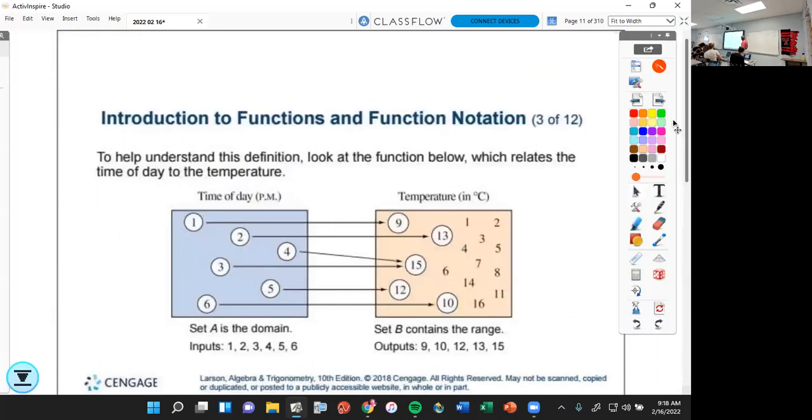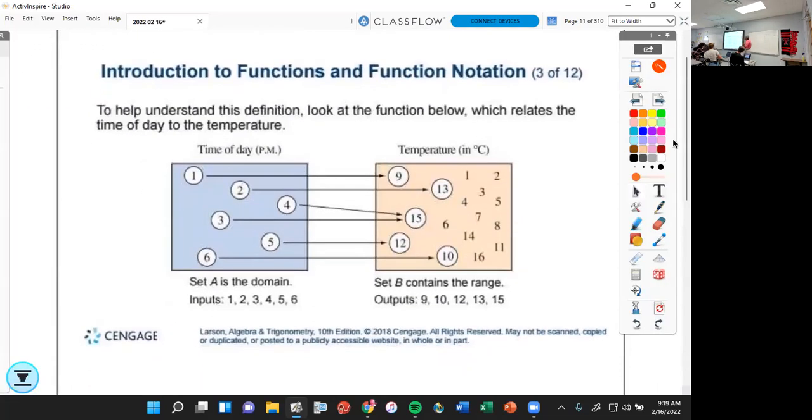You've seen charts like this. I've got different times of day, I've got different temperatures. Each time of day, I've got a whole bunch of things that I could choose for my temperature, but each time of day only corresponds to exactly one temperature. So the temperature of 15 degrees Celsius repeats, is that okay? Yes, that's okay. The Y value can repeat, as long as the X doesn't go to 2 spots.